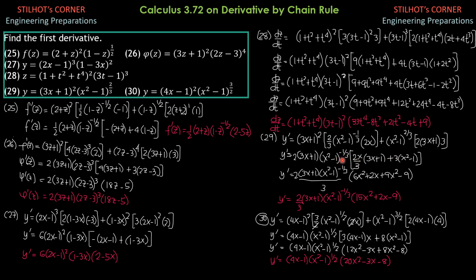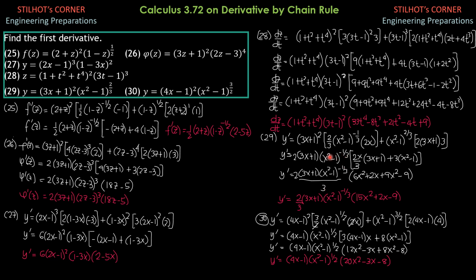we simplify this first. So take note that the denominator, after we simplify this, there is 3 here. And this becomes 9, 3 times 3, 9x squared minus 9. Then we have 2x times 3x is 6x squared. 2x times 1, 2x all over 3 supposedly. Then this denominator 3 is now this one.